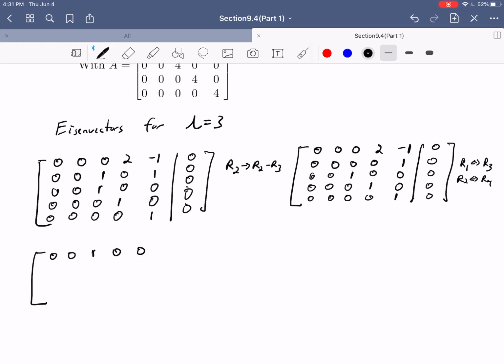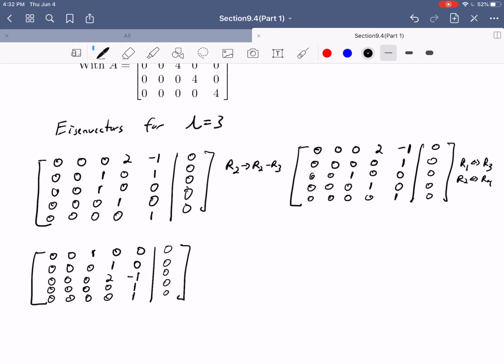And then instead of R2, we are going to have R4, so 0, 0, 0, 1, 0. Then we're going to have R1, so 0, 0, 0, 2 minus 1. And then we'll have R2, which was 0, 0, 0, 0, 1. And then we'll have the original R5, 0, 0, 0, 1. And of course, all that stuff is just 0, 0, 0.